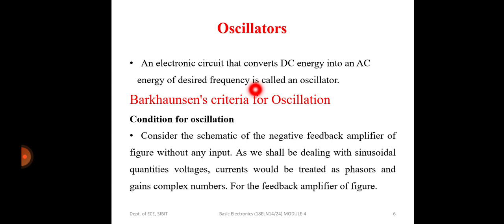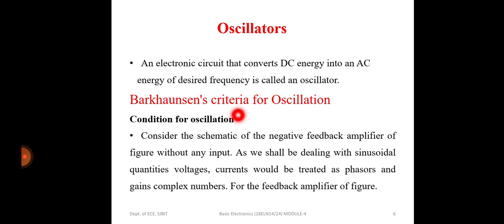Oscillators can be classified based on various criteria. The first criterion is the operating principle. Based on the operating principle, oscillators can be classified as feedback oscillators and negative resistance effect oscillators.